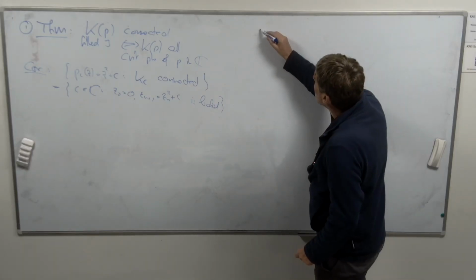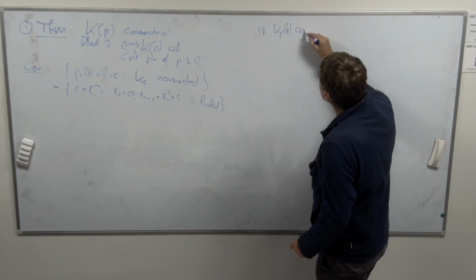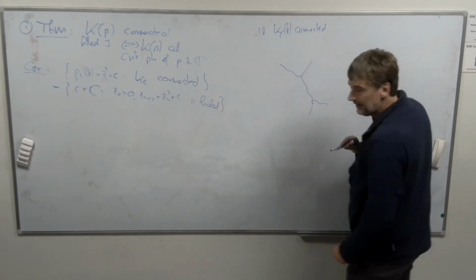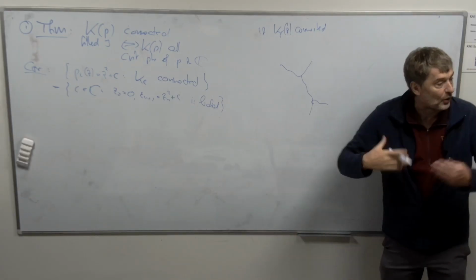So if the filled Julia set is connected, so here's some sort of filled Julia set. And connected means that the complement is simply connected.